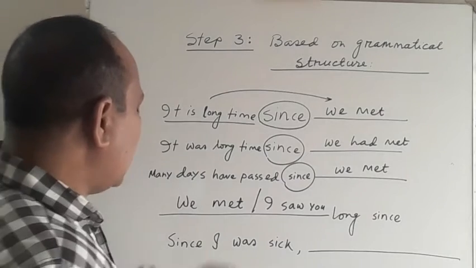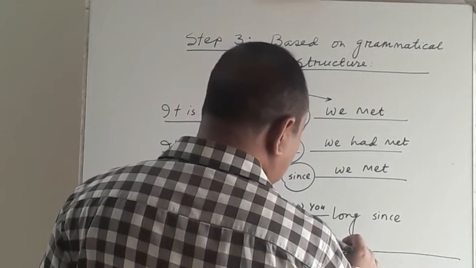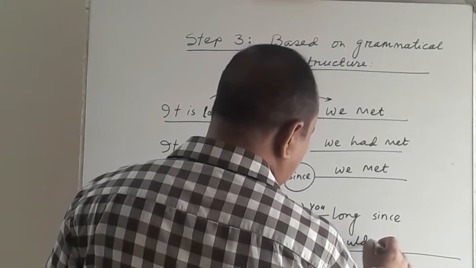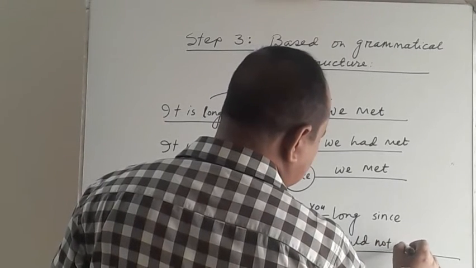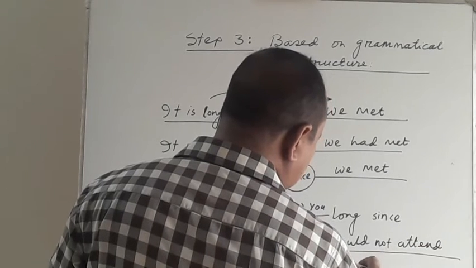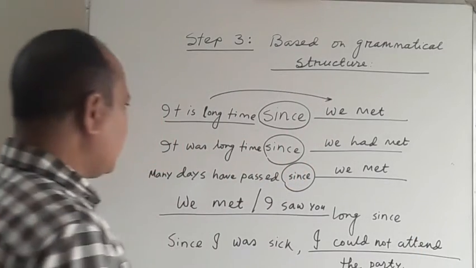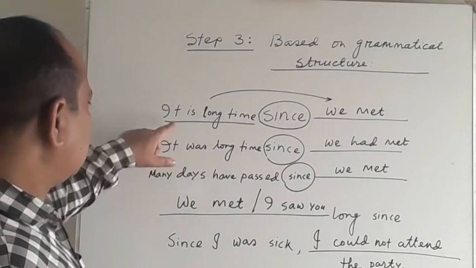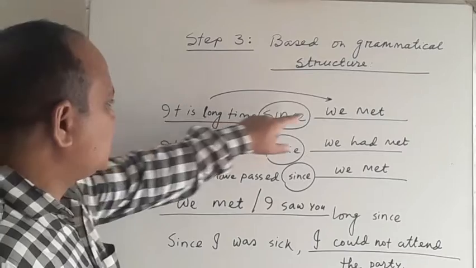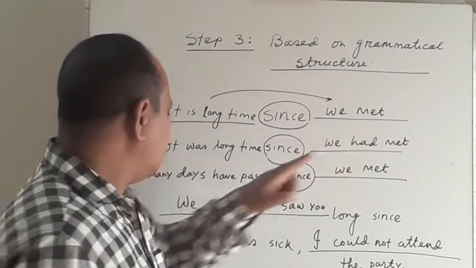Likewise, since I was sick, I could not attend the party. So look at the sentences. It is long time since we met. It was long time since we had met.